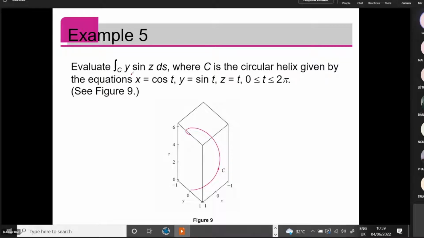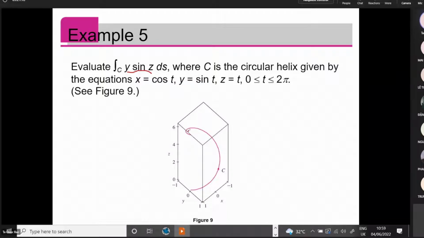Now, for example, we need to calculate the integration of this function on C, and here C is a circular helix given by this equation, x equal to cosine t, y equal to sine t and z equal to t. Look at here, and you can see that we have a curve in cylindrical coordinates.